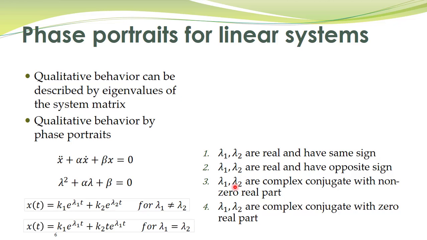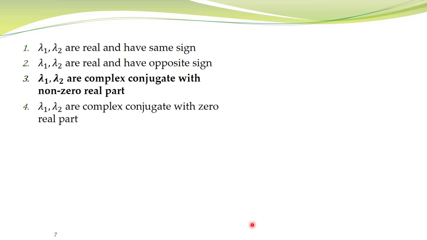Then they can be complex, and if they are complex, they exist in a pair. That is, they are complex conjugates with non-zero real part, and this is the fourth possibility: complex conjugates with zero real part. Corresponding to each situation, we draw phase portraits.